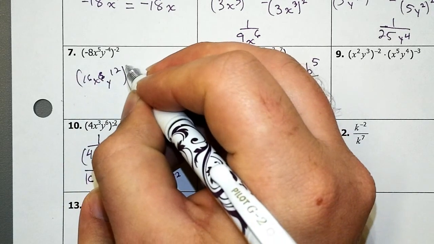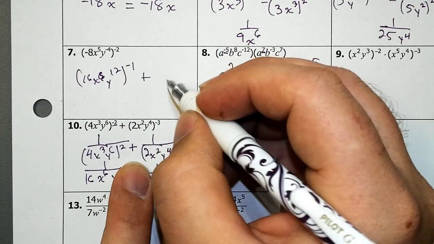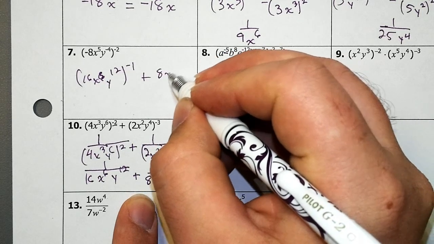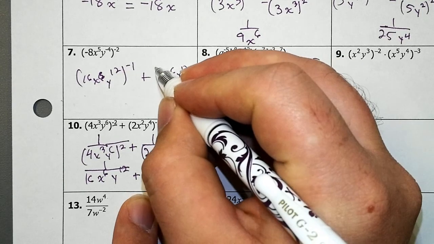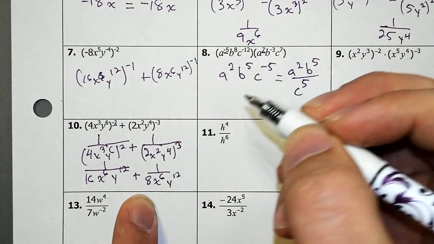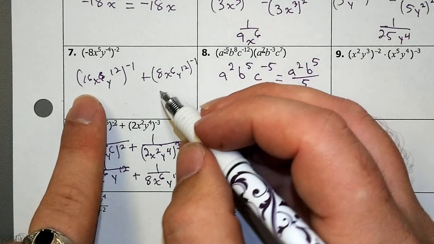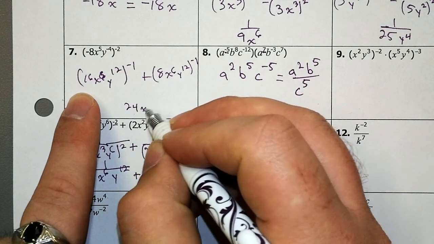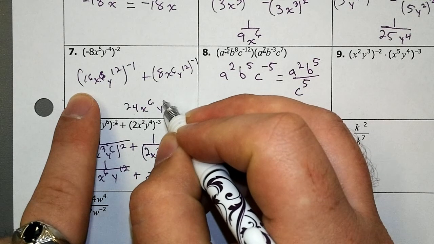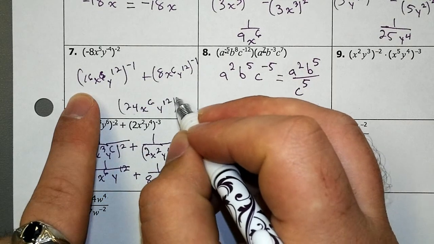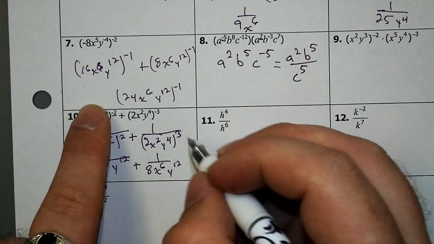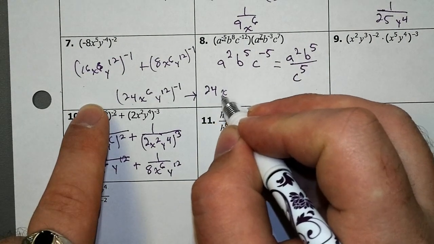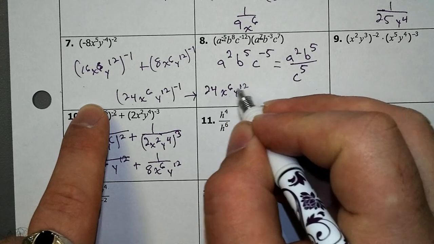And it's being raised to the negative 1, plus 8 x to the 6th y to the 12th raised to the negative 1. They have the same exponent. We can add the coefficients. 8 plus 16 is 24 x to the 6th y to the 12th. And now we can raise it to the negative 1, so we just flip it to 24 x to the 6th y to the 12th, and 1 is on the top.